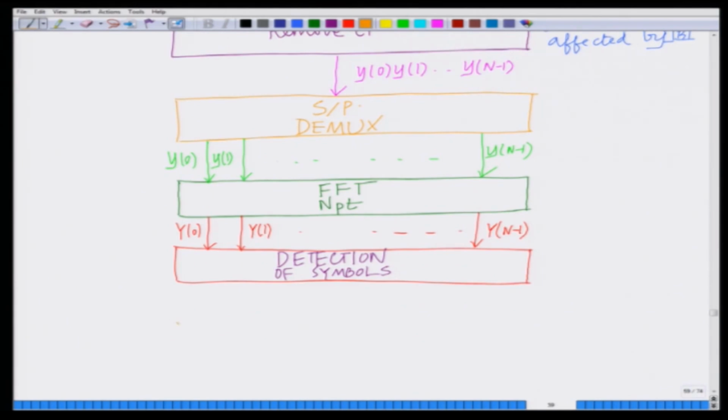Therefore, what we have at the output of our detection module are the symbols that are detected, which are the capital X hat of 0, the capital X hat of 1, so on until the capital X hat of n minus 1. These are the detected symbols.